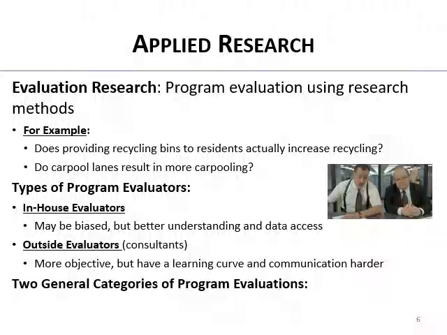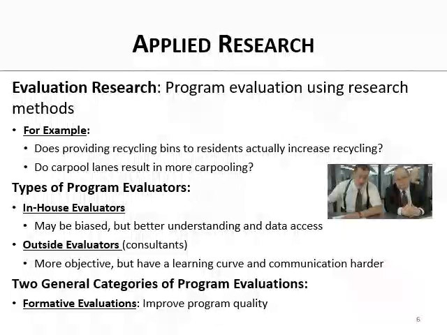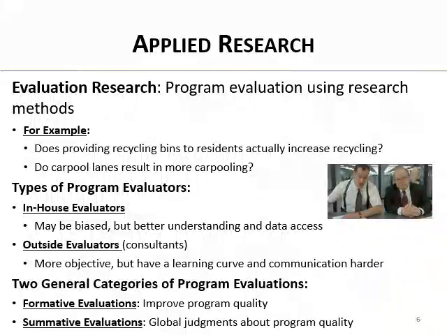There are also two general categories of program evaluations. There's formative evaluations. The purpose of these generally, there's several different types, is to improve program quality. And then there's summative evaluations. Sum is sort of like, you're adding at the end. And these are global judgments about program quality. So we're going to talk about ones that are under each of these general categories.